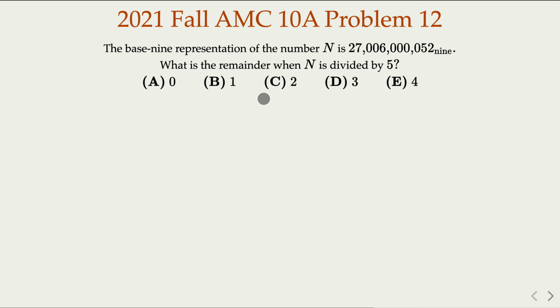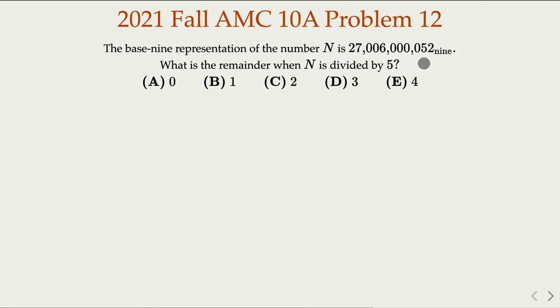Now here we say base 9. Again, the huge number is in base 9. What is the remainder when divided by 5? Now you need to consider what 9 is.